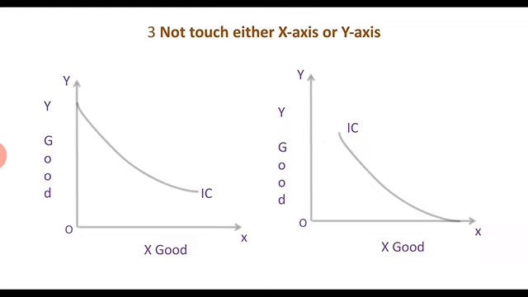As well, in diagram B, the IC curve touches the x-axis. It means there is no good of y, and it gives the same satisfaction as the other combinations. It is not possible. So the indifference curve does not touch the y-axis or x-axis.